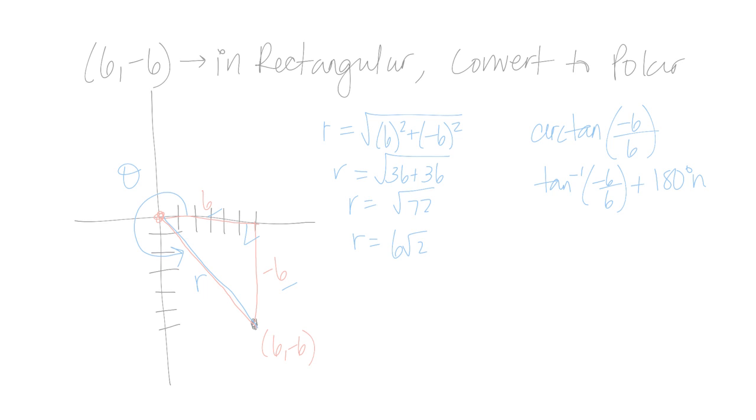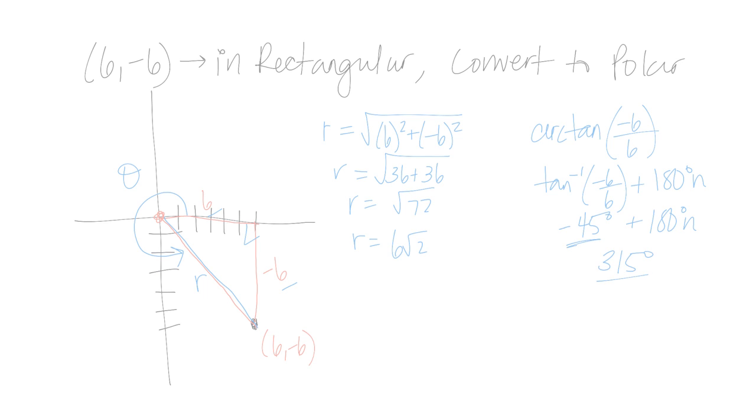Okay, so tan inverse of negative 6 over 6, that's actually negative 45 degrees. And then I have to decide whether or not I have to add 180 degrees n. So negative 45 degrees, that is in the right quadrant, but if you want it to be positive instead of a negative angle, you could add 180 twice and get 315. Up to you.